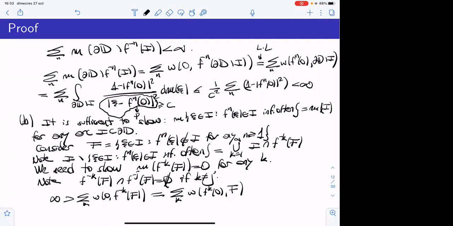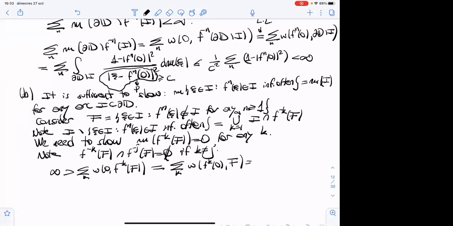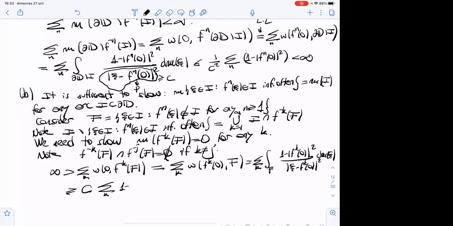And now what we are going to do is write this as the Poisson integral. The denominator is bounded by a fixed constant. So then what you get is something like that: the sum over k of 1 minus f_k of 0 times the measure of F.